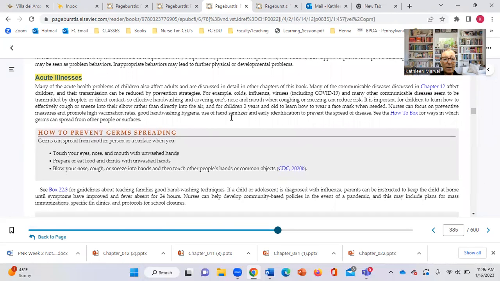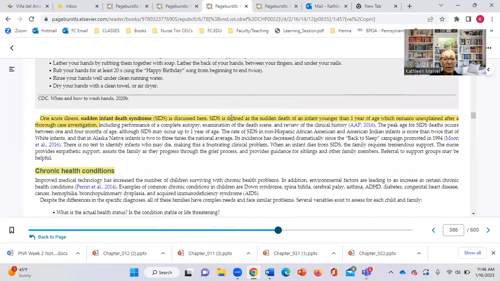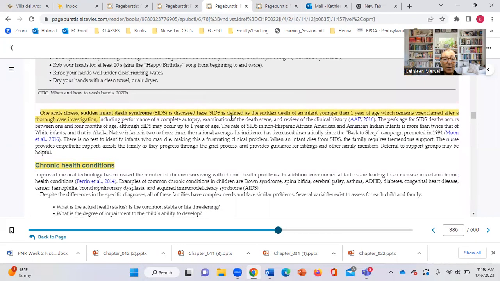Also, acute illness. Okay, we're assessing acute illness all the time in the community. One of the things we're assessing for is SIDS. Okay, SIDS is defined as the sudden death of an infant younger than 1.